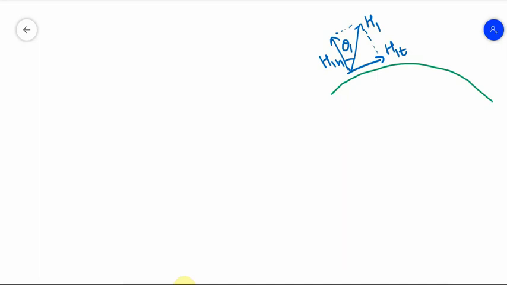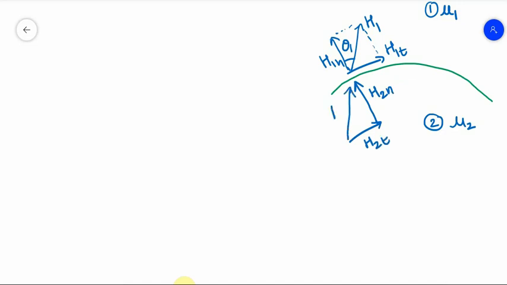Similarly, this is for the first medium, and this is for mu2, the second medium, of different permeabilities. Similar things we are considering here. Now the normal component is H2N and the tangential component is H2T, and the resultant of the two is H2, and let this be making theta 2 angle.